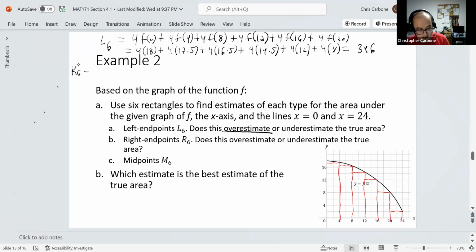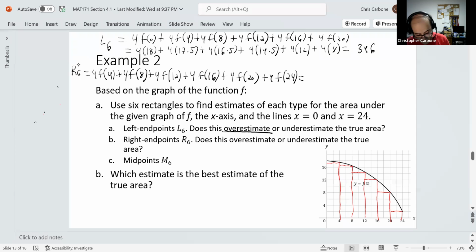But for the right endpoints, this one is going to be 4 times f of 4 plus 4 times f of 8 plus 4 times f of 12 plus 4 times f of 16 plus 4 times f of 20 plus 4 times f of 24.